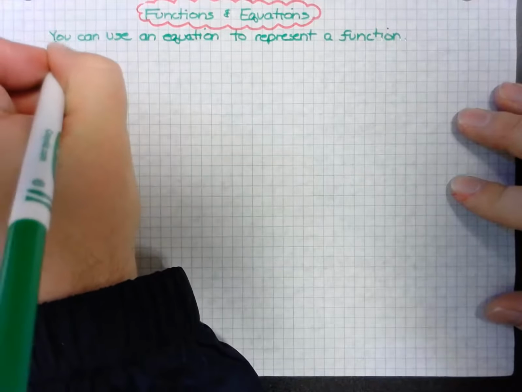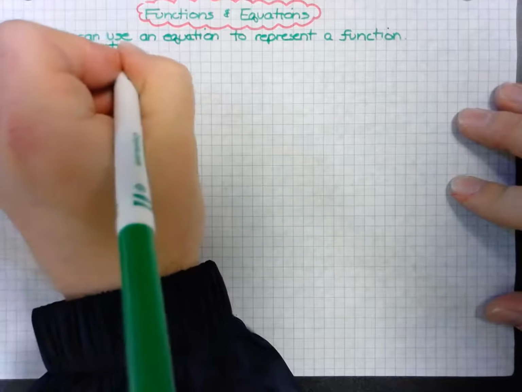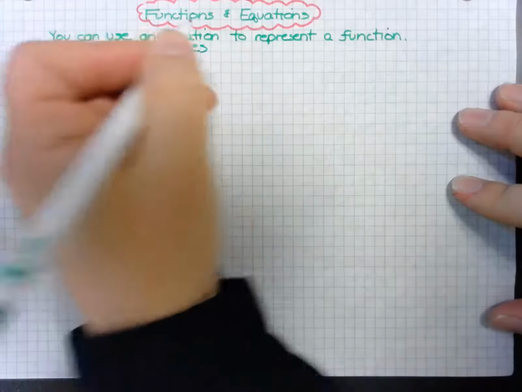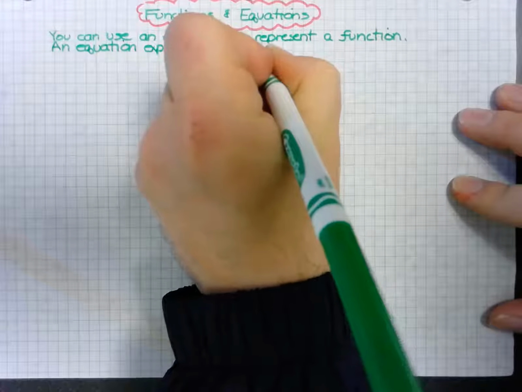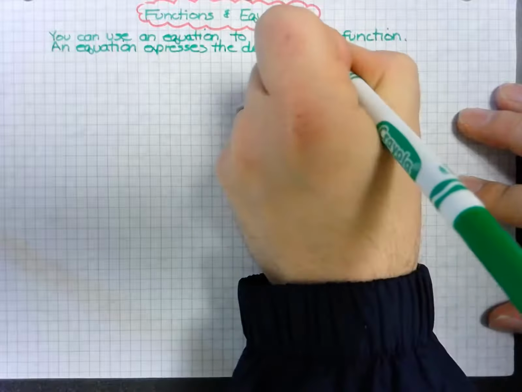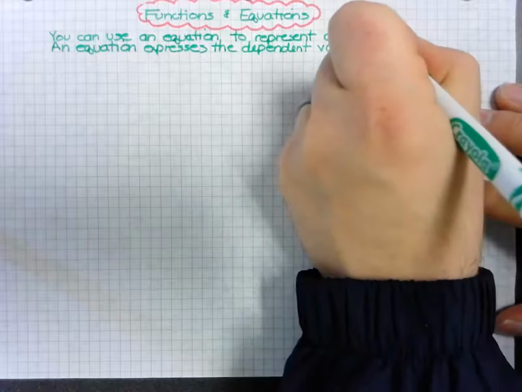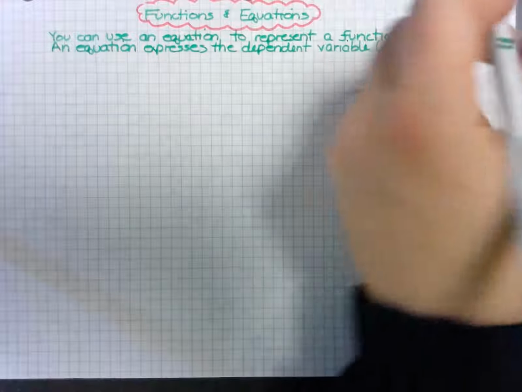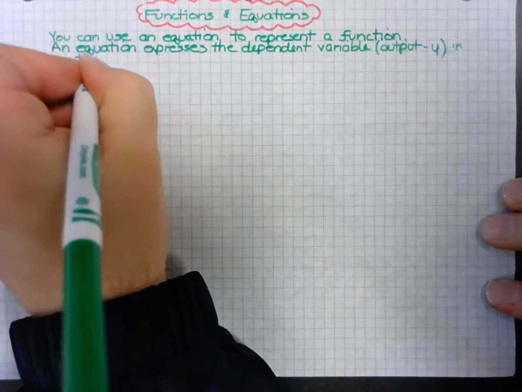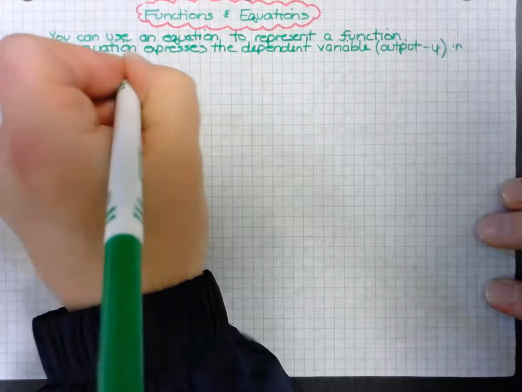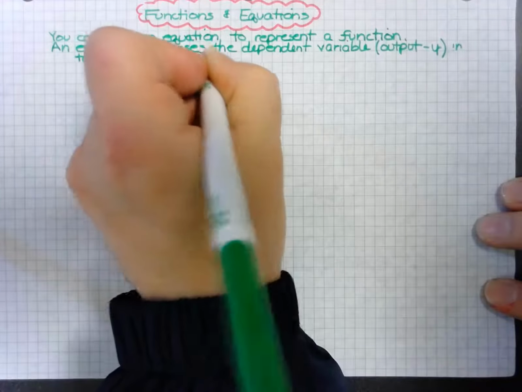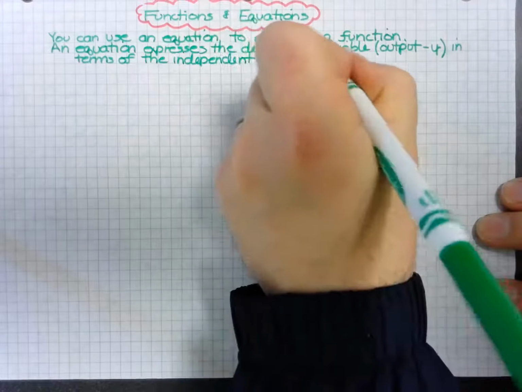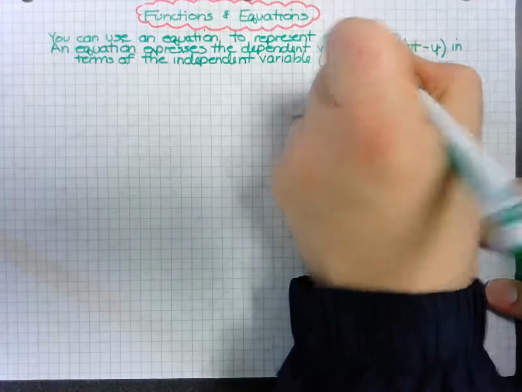An equation expresses the dependent variable or output in terms of the independent variable, which is your input or x value.